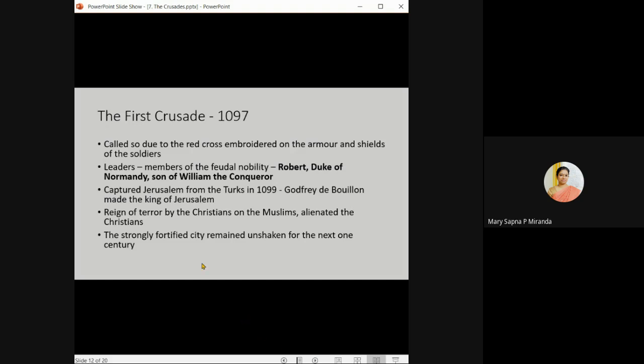These people captured Jerusalem from the Turks in 1099, and Geoffrey de Bouillon was made the king of Jerusalem. And what happened after this was that Geoffrey de Bouillon and his army terrorized the Muslims living in Jerusalem after taking control, which was really unethical and not correct.